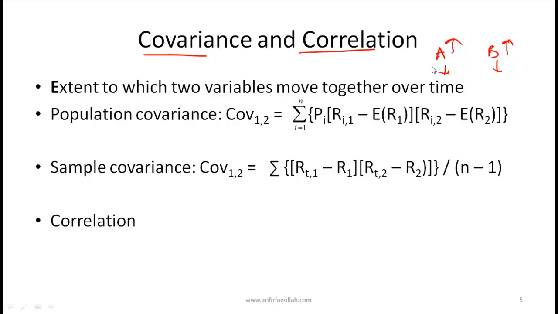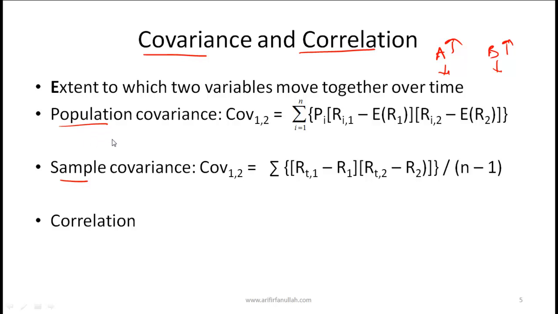If they generally move in opposite directions, then they have negative covariance. And if their movement is unrelated to each other, then covariance is 0. The formula for covariance depends on whether you are dealing with a population or a sample.